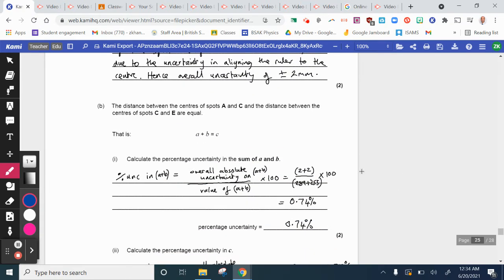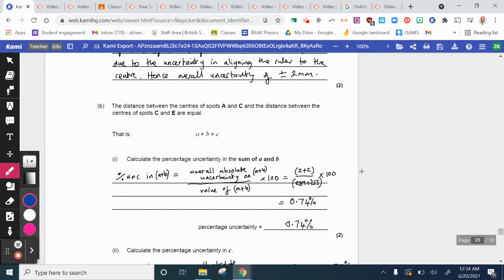It says calculate the percentage uncertainty in the sum of A and B. The percentage uncertainty in the sum of A and B is the overall uncertainty on A and B over the value of A plus B. The value of A plus B is 289 plus 255.